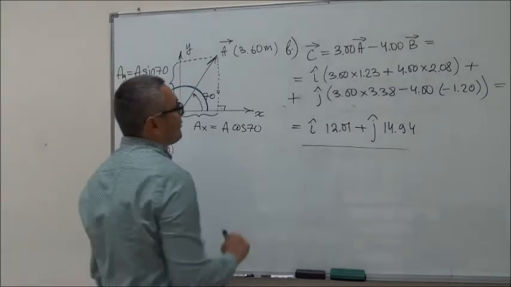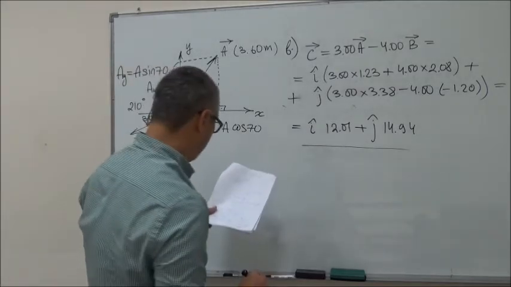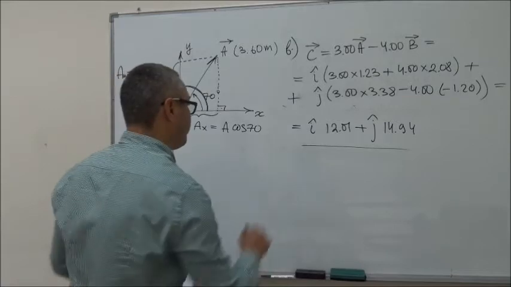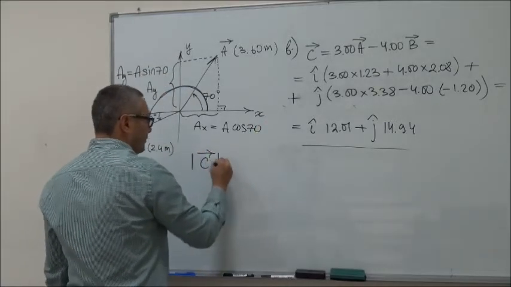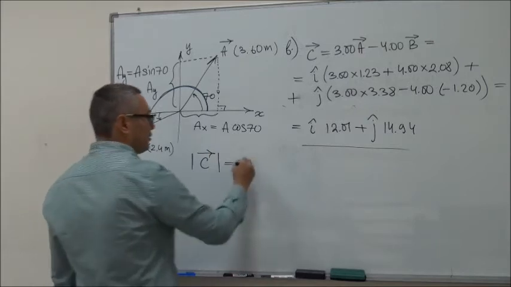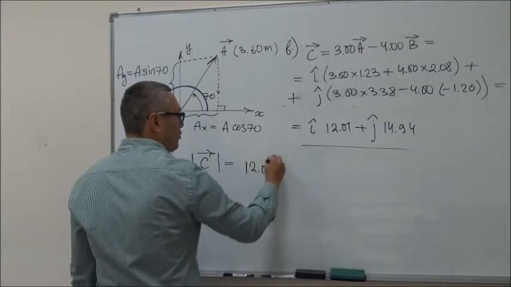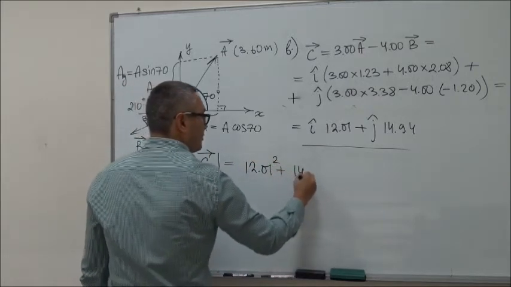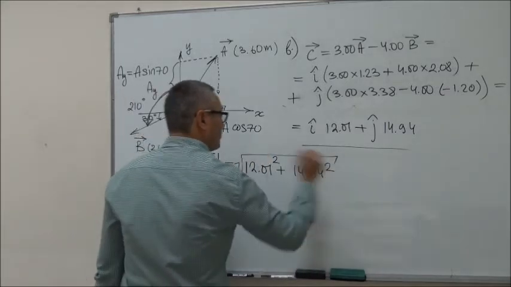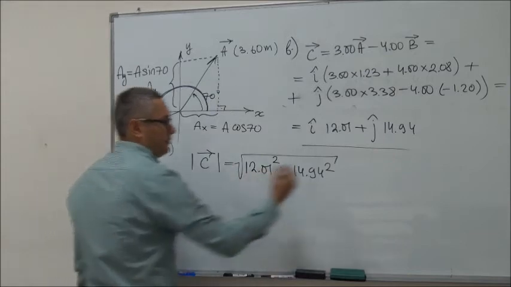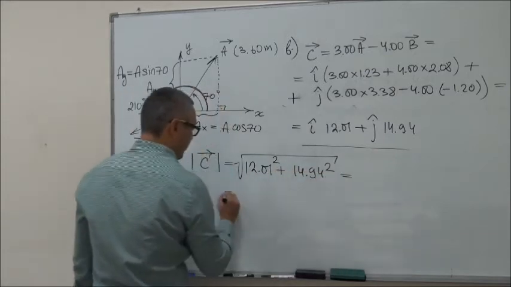So now let's find the magnitude of the C vector. The magnitude of the C vector is equal to the square root of 12.01 squared plus 14.94 squared.